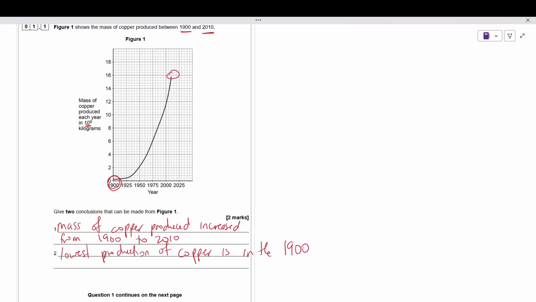And we can also draw, this is a third conclusion, that the highest production of copper is in 2010.